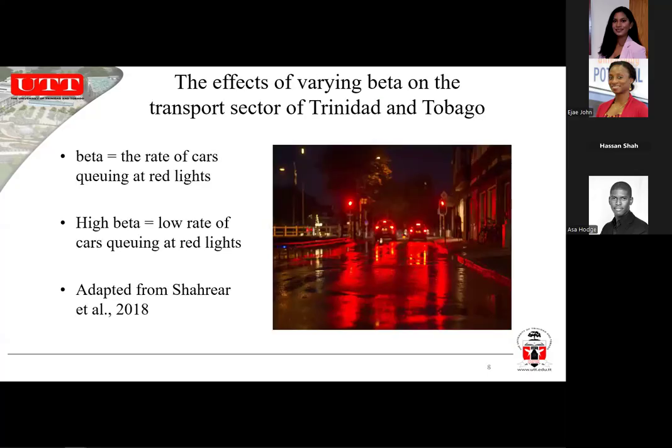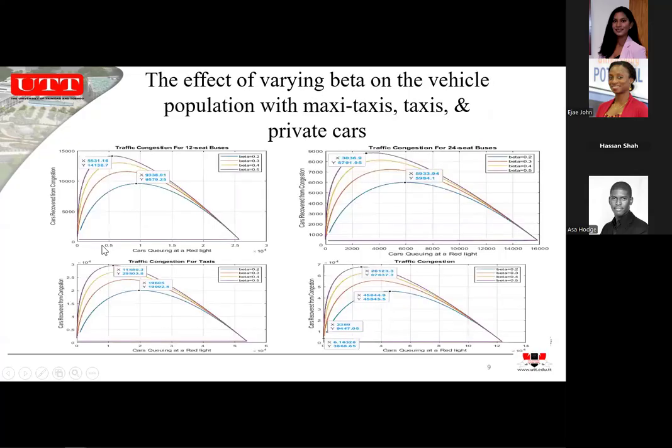So first we will look at variant beta on the transport sector for the different modes of transportation that we mentioned. And beta is defined as the rate of cars queuing at red lights. High beta is defined as low rate of cars queuing at red lights. So from our simulation from MATLAB, we were able to produce 4 graphs for each individual vehicle.